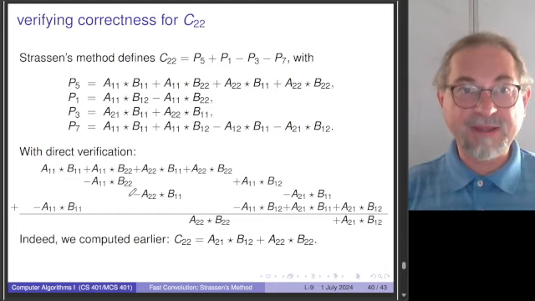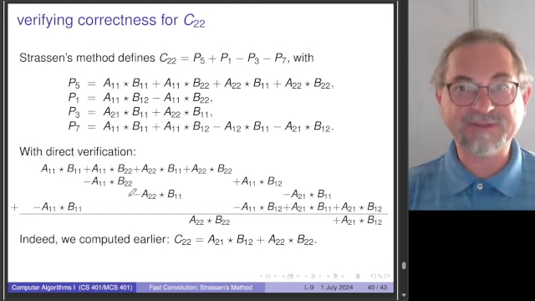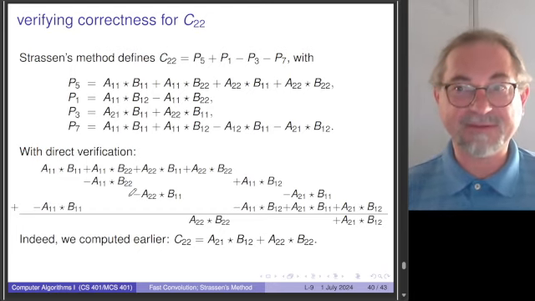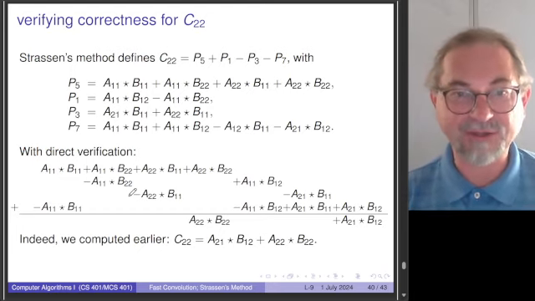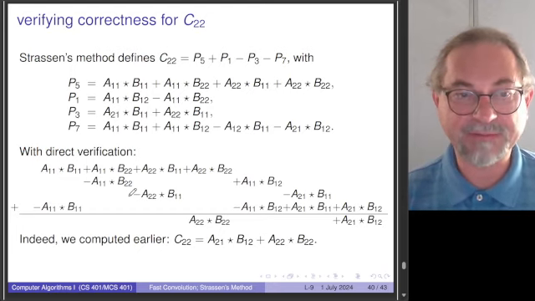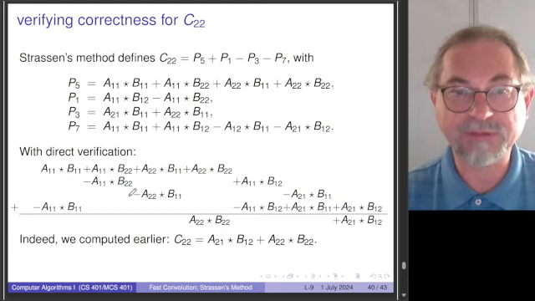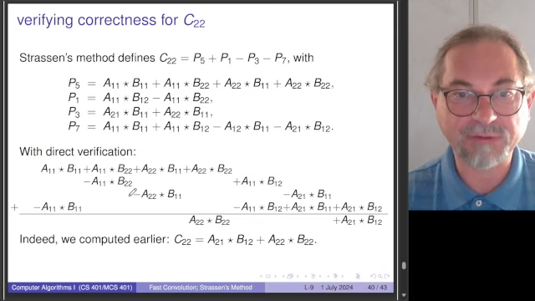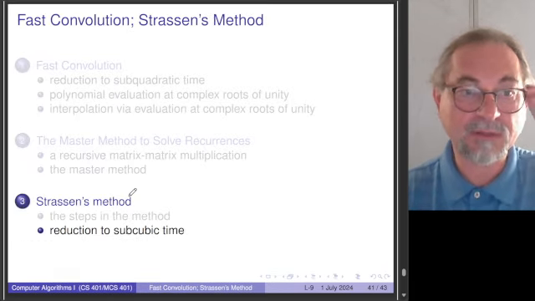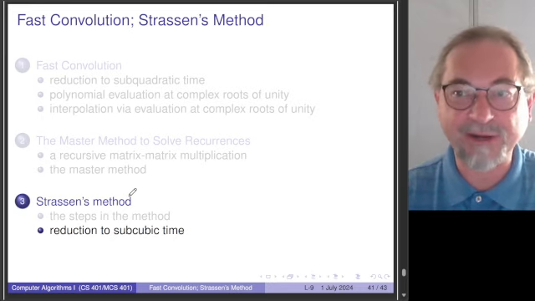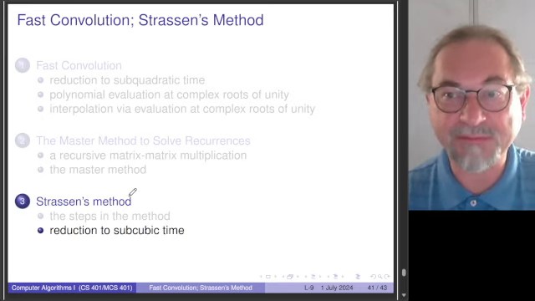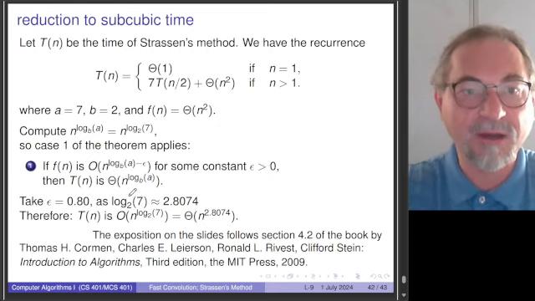Okay, we have a correct method. It's a complicated method, but did our efforts now actually pay off? Do we have a more efficient method than the classical straightforward matrix multiplication? We do, and this is where our attention to the master method pays off. What do we have?